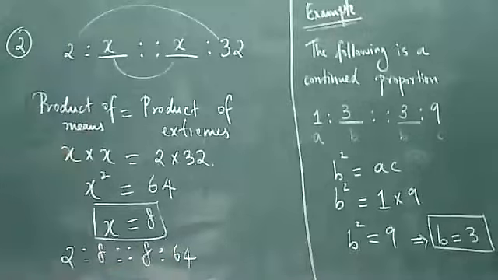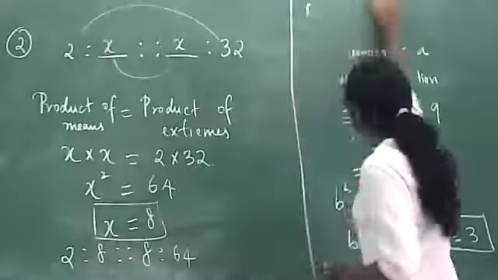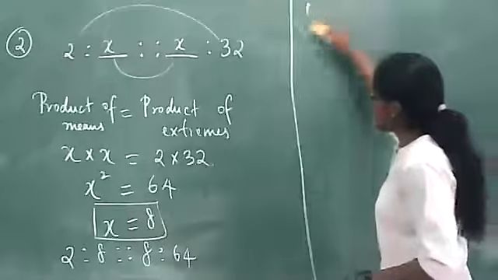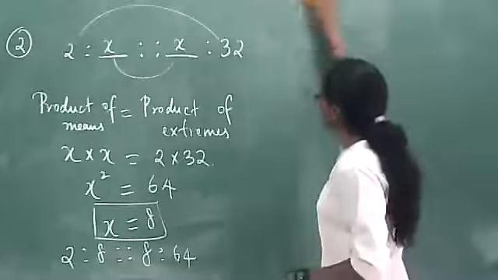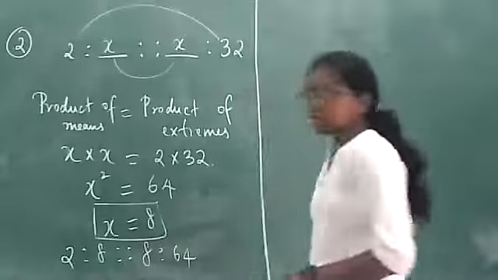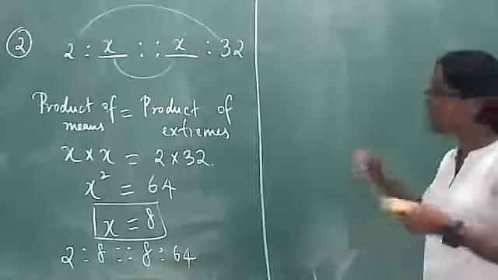What if it is a ratio with 3 numbers? Good question. Sometimes you might have a ratio with 3 numbers. Mostly we represent continued proportion with the ratio of three numbers.